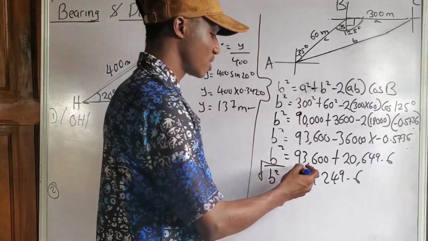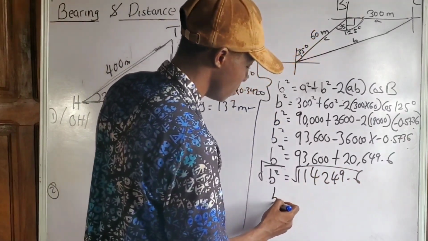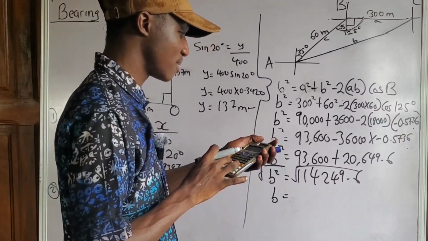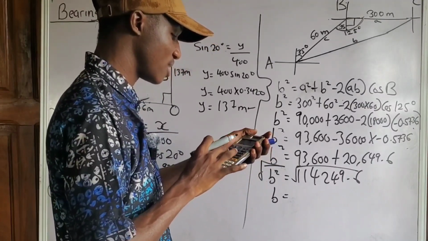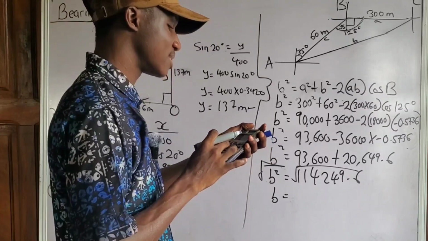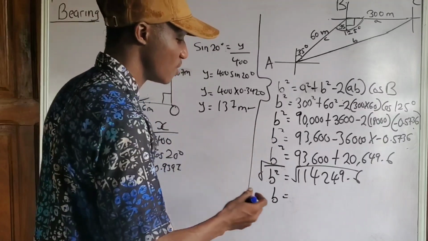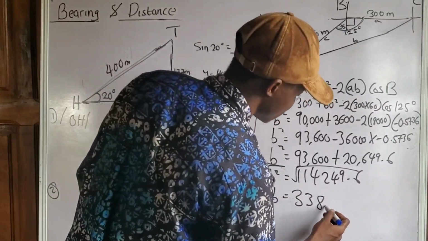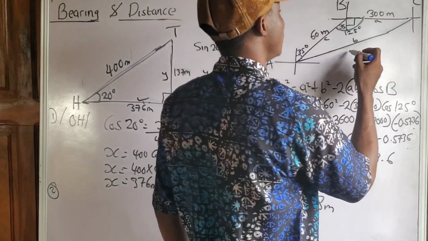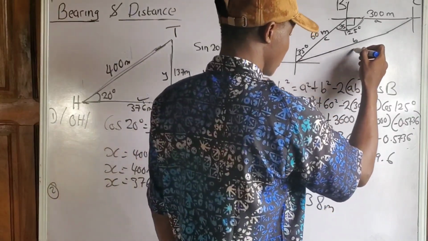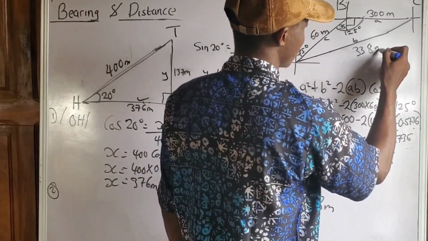So b is equal to the square root of 114,249.6. That is 338.0, so 338 meters. So the distance from the starting point is 338 meters.